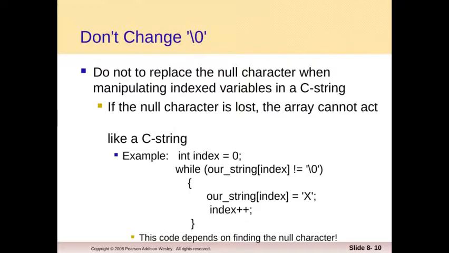Say you have this in memory: an H, an E, an L, another L, and an O, followed by \0. And say you have declared the size of the array that holds this to have a size of 6.